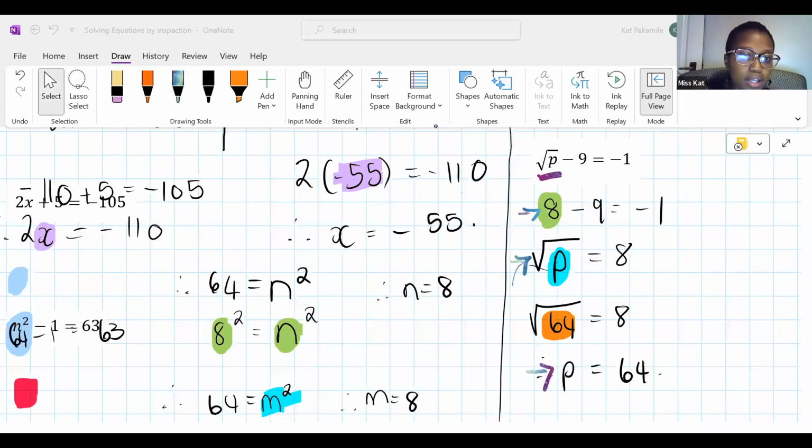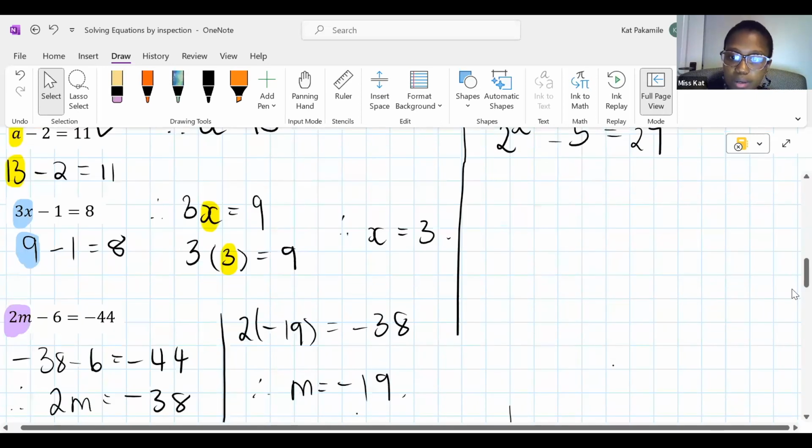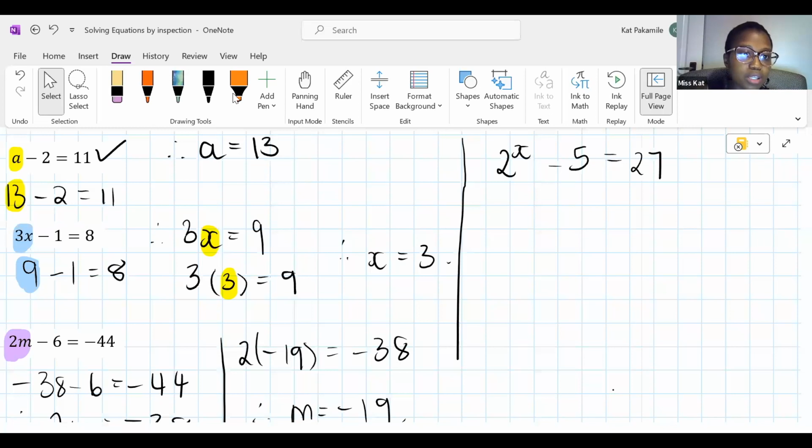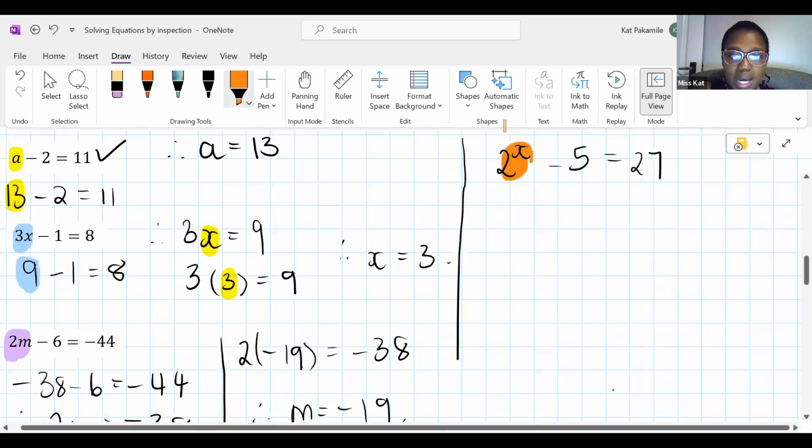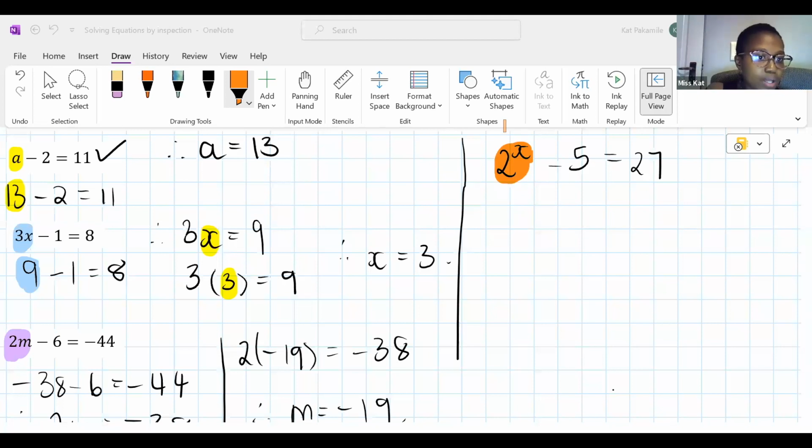Okay, guys, I hope we're good with that one. Let's do this one before our brain break. A little bit of spice in our lives is never that bad. We're doing the same steps, okay? What number minus 5 will give you 27? 32, right?